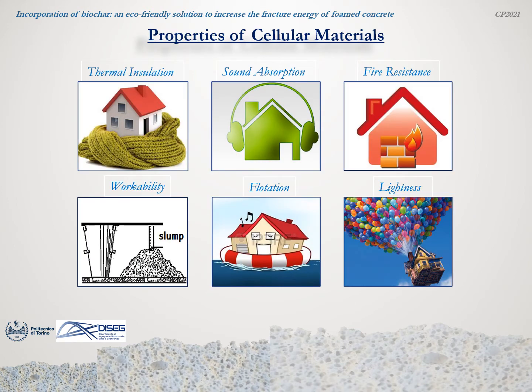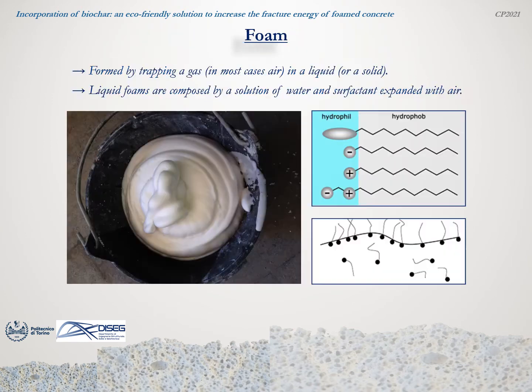The preformed foam mixed with the cement paste gives rise to the development of a system of air voids in the material microstructure, giving foamed concrete the peculiar characteristics common to all cellular materials, namely thermal insulation, especially when low densities are used, sound absorption, good resistance against fire, flotation, when the density is lower than 1000 kg per cubic meter, but above all, lightness.